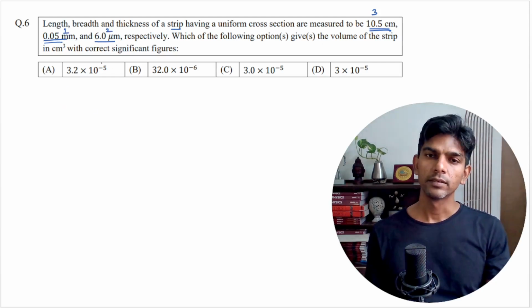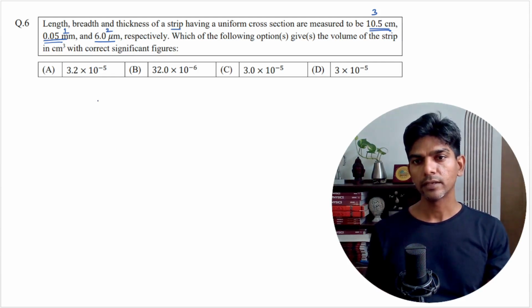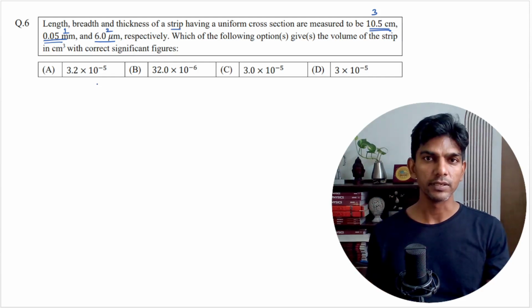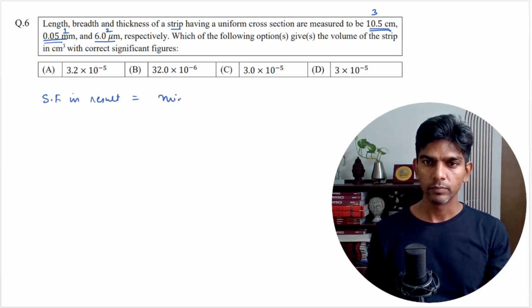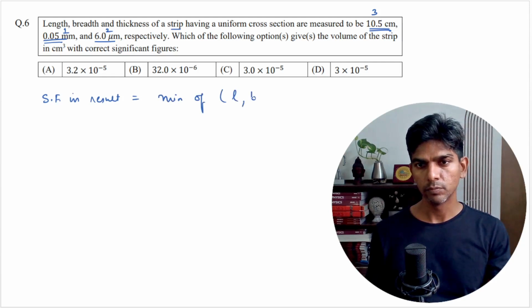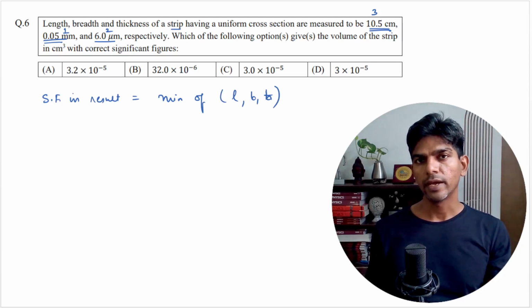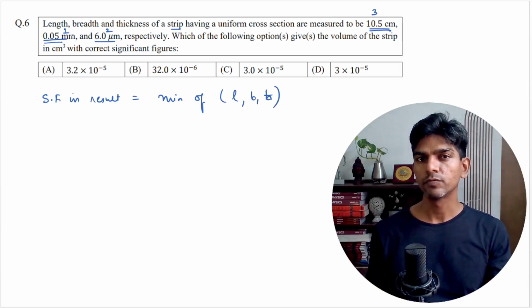And we know that if we are taking the product of the quantities, the final result should be rounded off to the least number of significant figures. So the answer should have one significant figure because breadth has 1 significant figure.